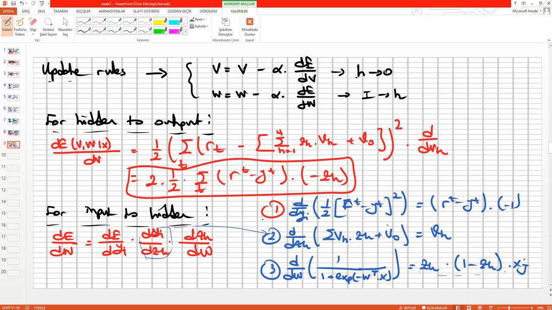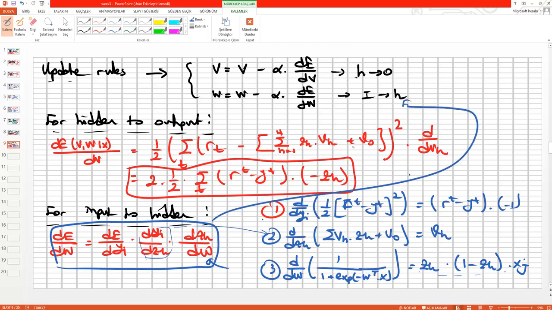Okay? Yes. Multiplying. Yes. Exponential derivative. Okay? So these two rules must be multiplied in one domain, and so this term is put into this one, and the other term is put into this one. Okay, this is the backpropagation rule.